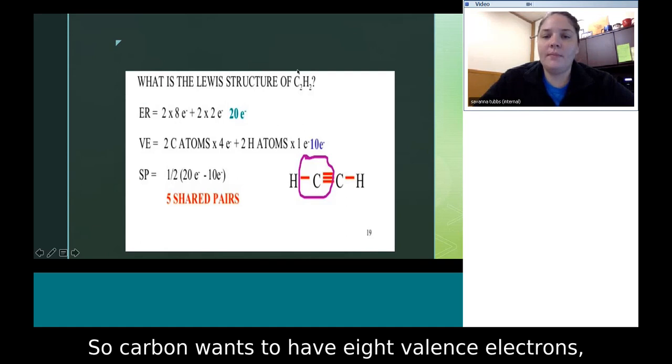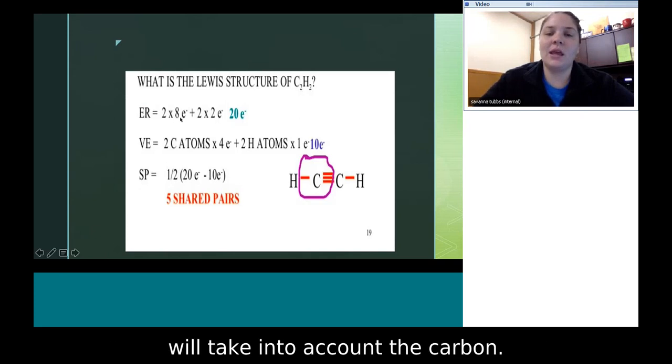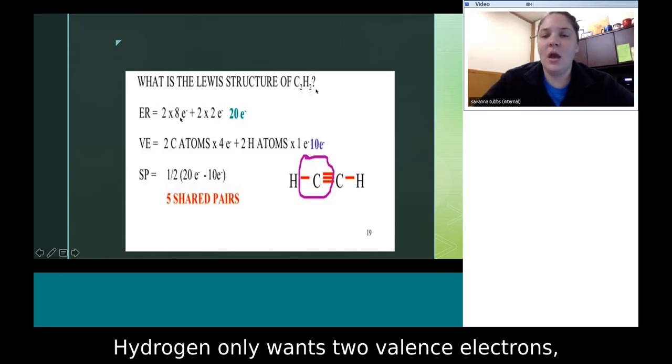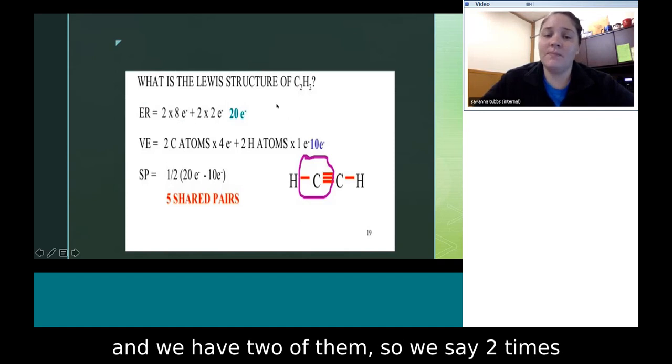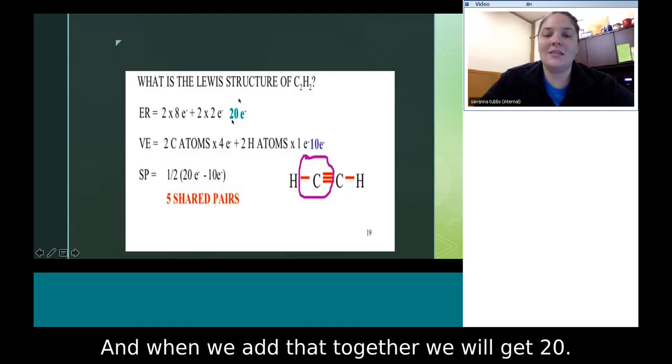So carbon wants to have 8 valence electrons, and we have 2 of them. So we say 2 times 8 will take into account the carbon. Hydrogen only wants 2 valence electrons, and we have 2 of them. So we say 2 times 2 because that's all it wants. And when we add that together, we will get 20.